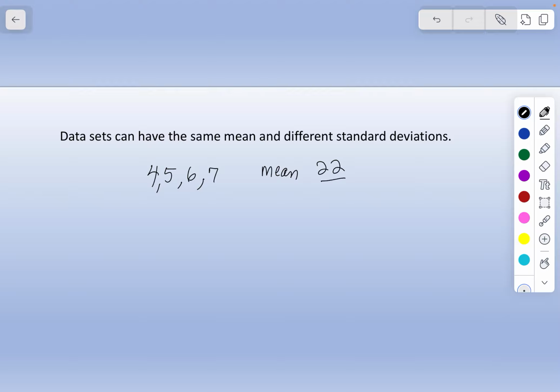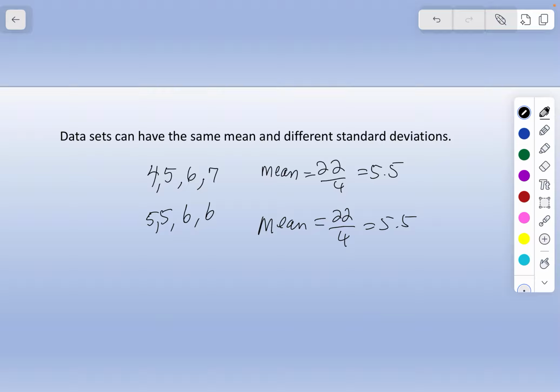The average of those is 5.5, okay? So if we have a list of 5, 5, 6, 6, the mean of that is 5.5, but a very different list.